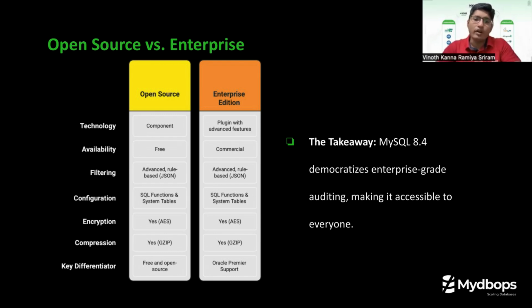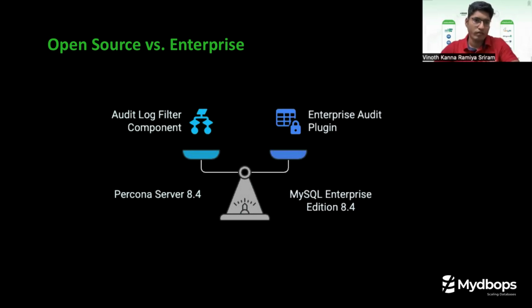So this democratizes enterprise grade auditing, making it accessible to every one of the MySQL community users. So now we were able to bridge the enterprise level compatibility and flexibility into open source audit logging.